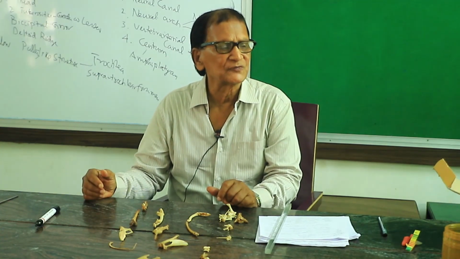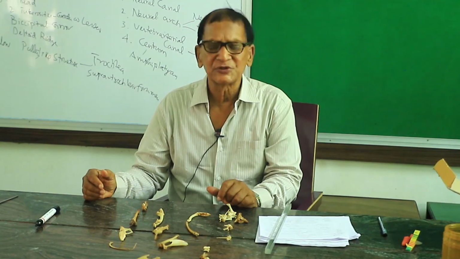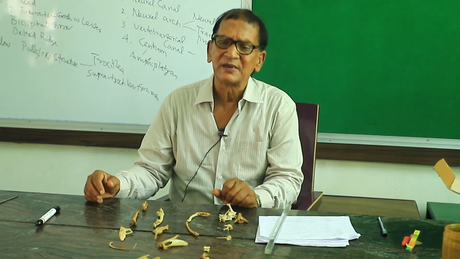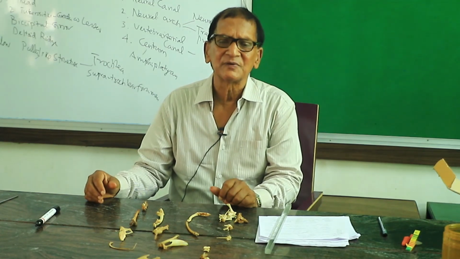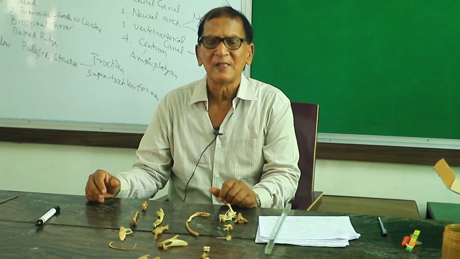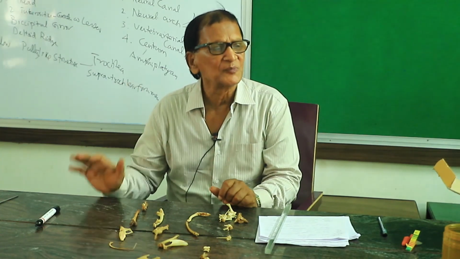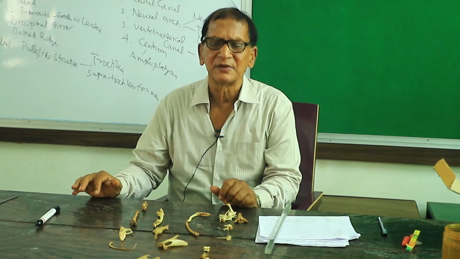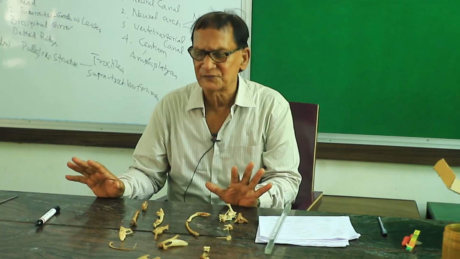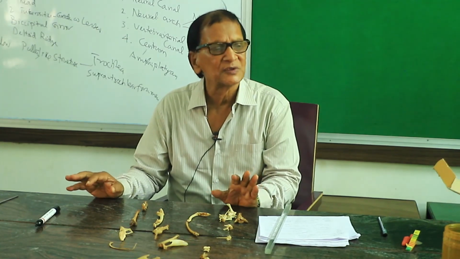But in case of man, both in the forelimb as well as in the hind limb, we have 5 fingers. In case of rabbit, we have 5 in the forelimb, but 4 in the hind limb. But in the human limbs, we have the same number of fingers or toes.